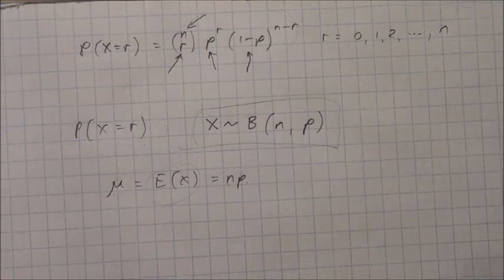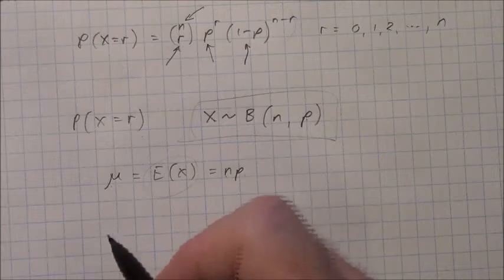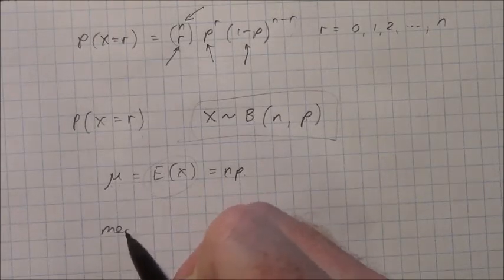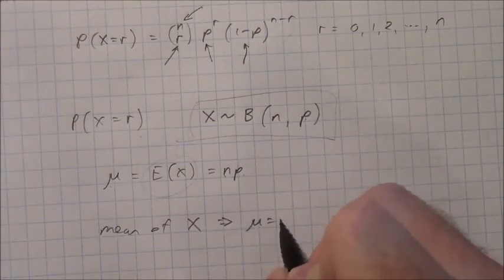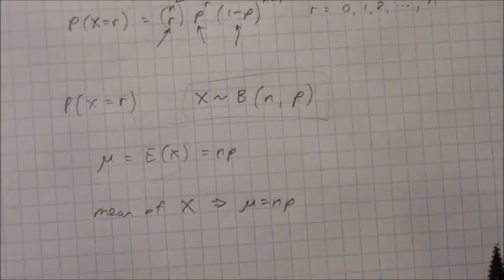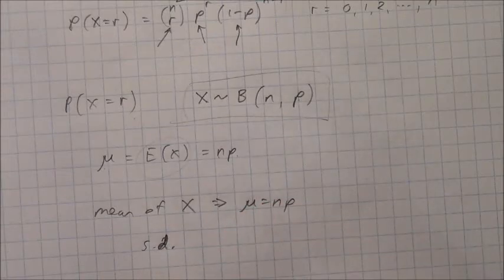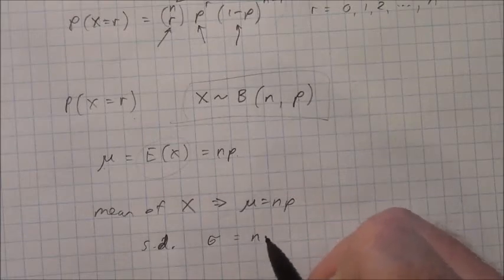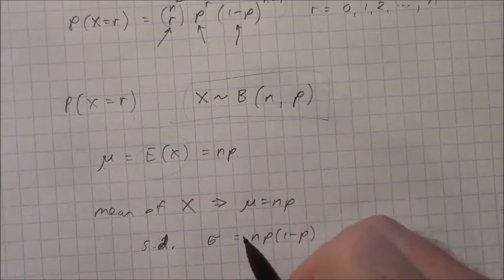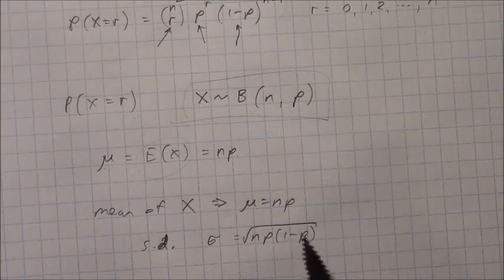The mean of X is mu, which equals np. The standard deviation of X is sigma, which equals the square root of np multiplied by 1 minus p. So it's the mean multiplied by the probability of failure, and then the square root of that.